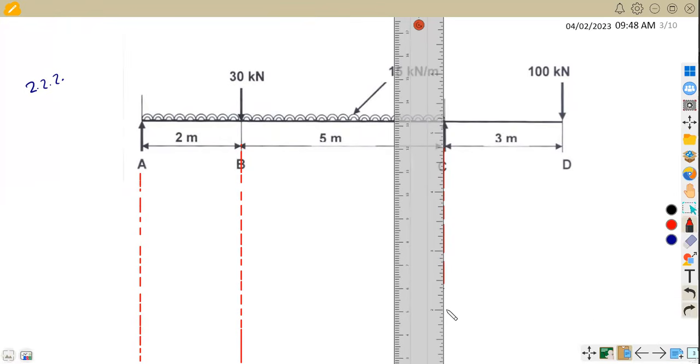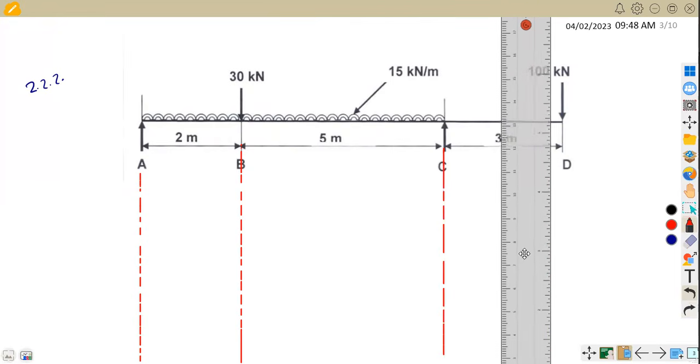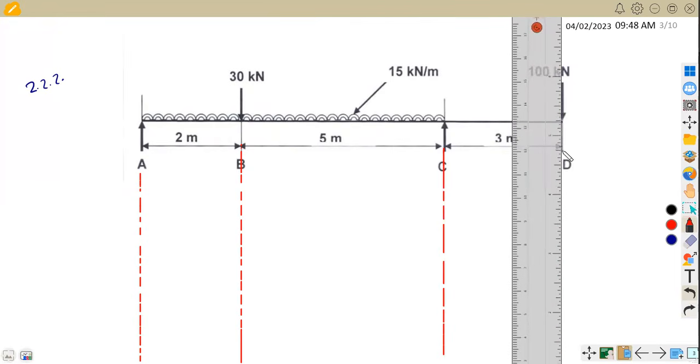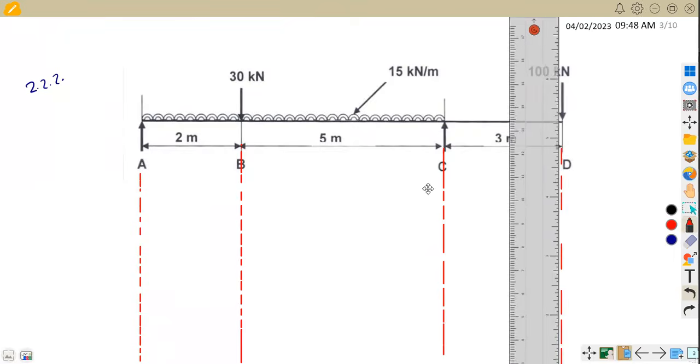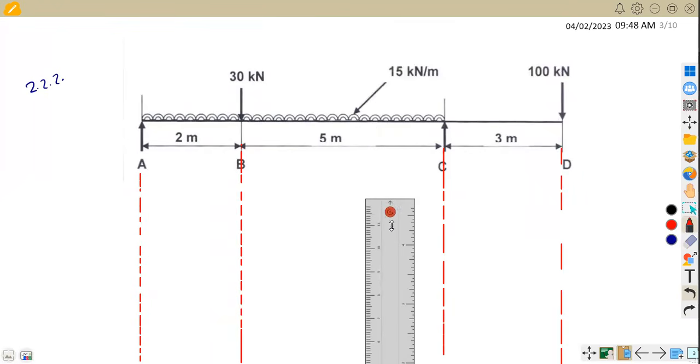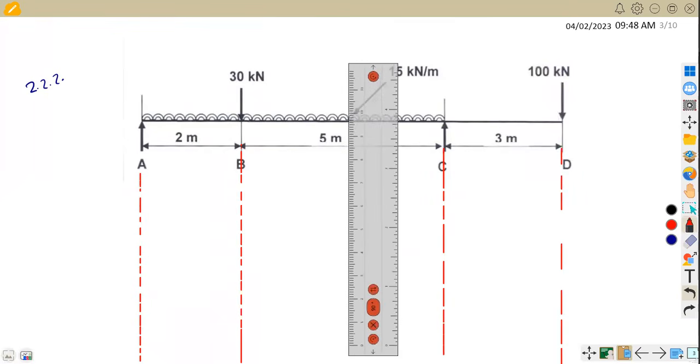Then also at point D, we have a point D. Now we have to relate these points. These are the major points that we have, and if you relate from these points, you won't go wrong. This is what we are going to do in this case.